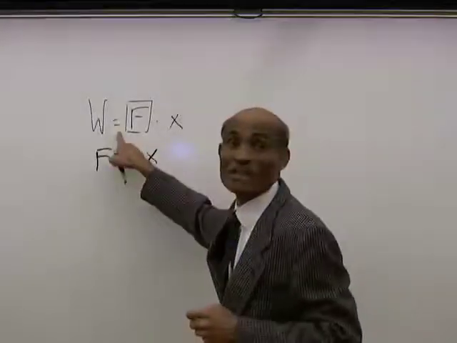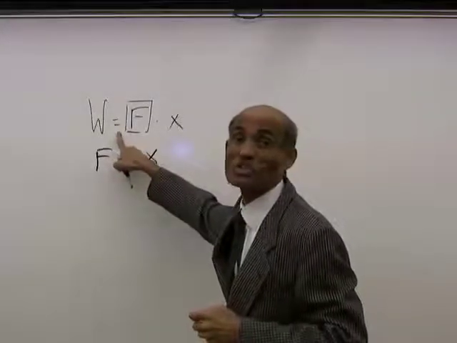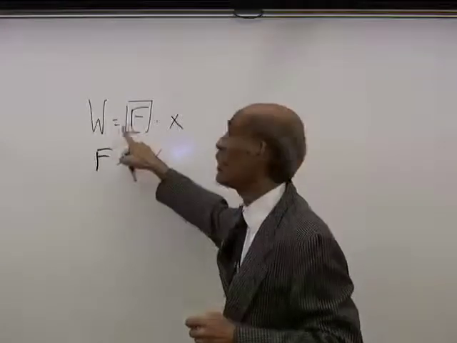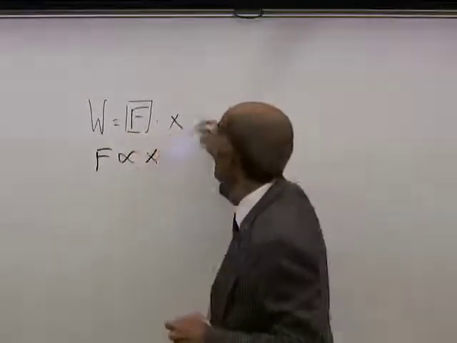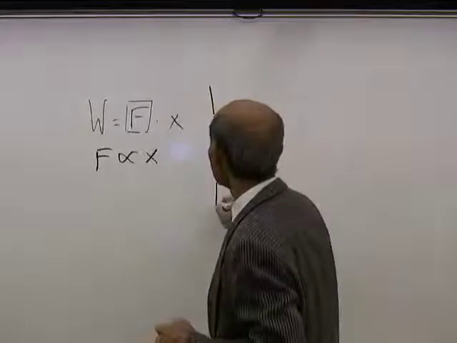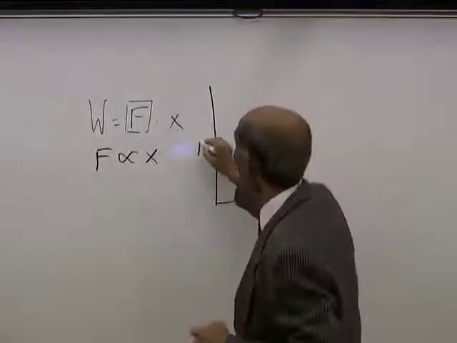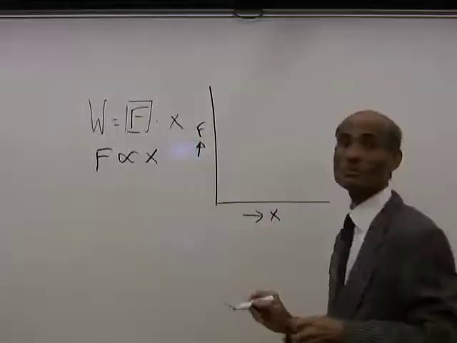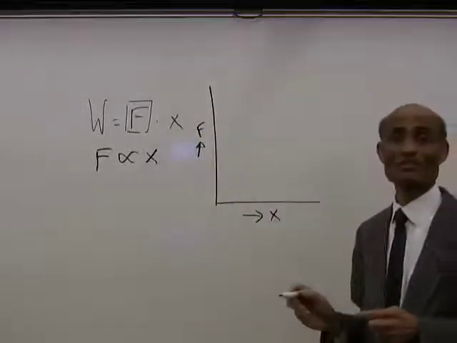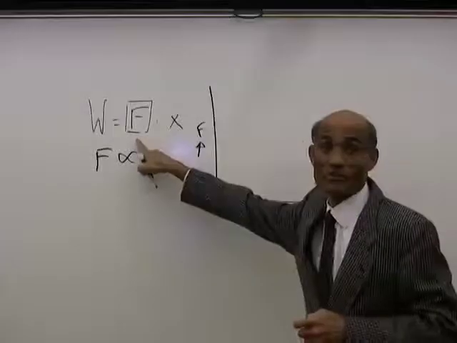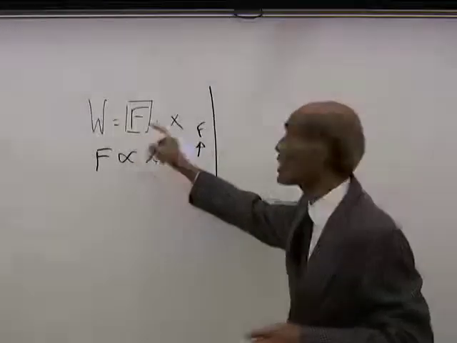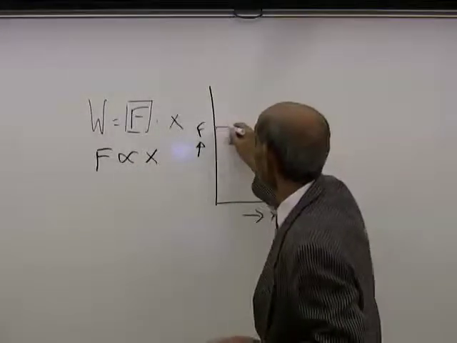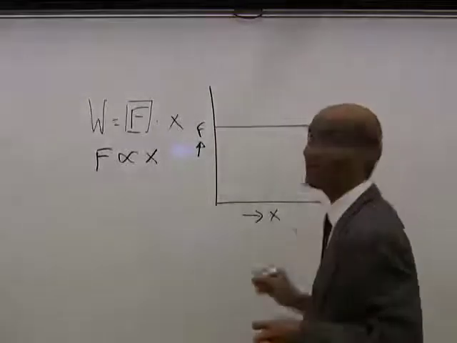Now, in the first case, what will be the shape of a graph of force against displacement? If I draw a graph of force on the vertical axis and displacement on the horizontal axis, in the first case, when the force remains a constant, the force will be a horizontal line.